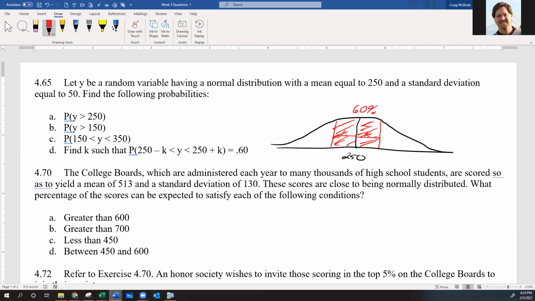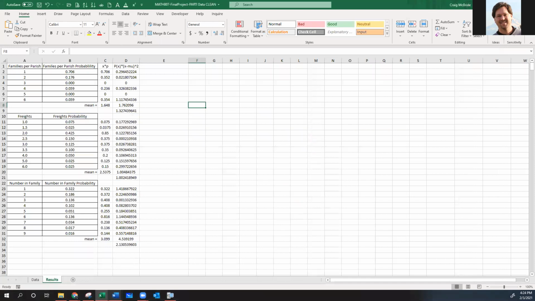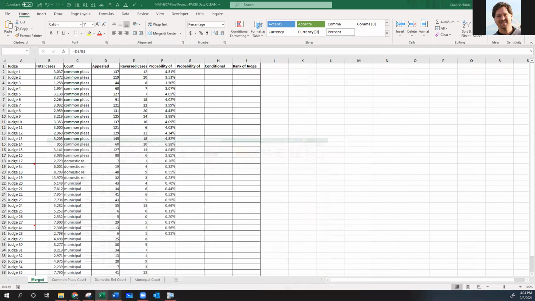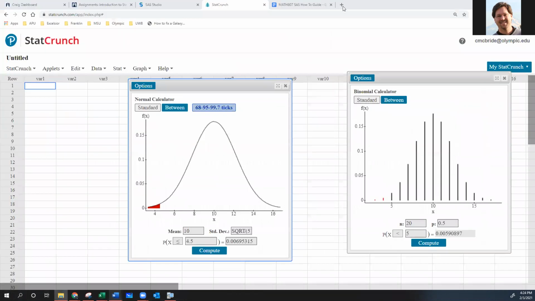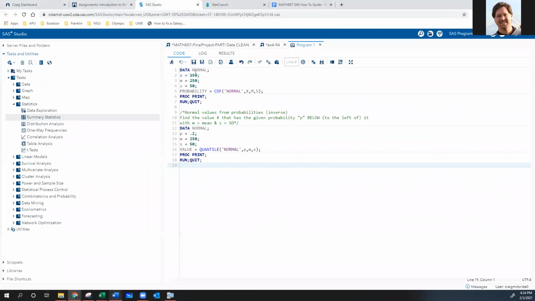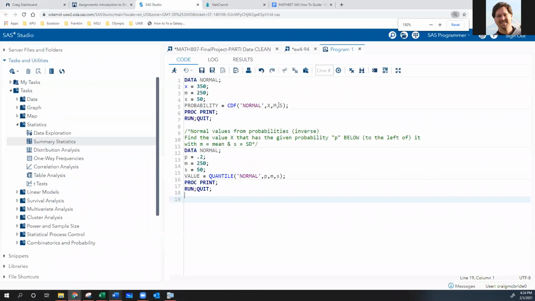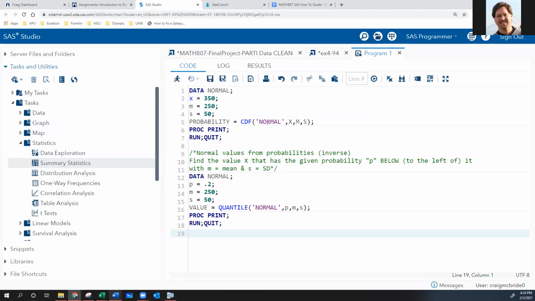In SAS, it's the code, right here, the CDF normal function.